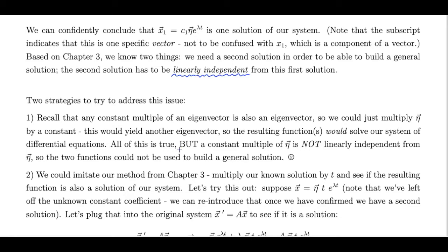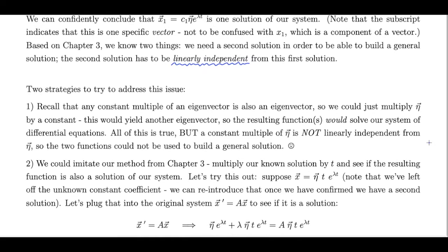That is true, but such a solution wouldn't satisfy this second requirement. A constant multiple of eta in this solution would not yield a linearly independent solution. So I can't simply multiply this by some constant. Even though that would give me a solution, it's not going to work to build my general solution because it would not be linearly independent.